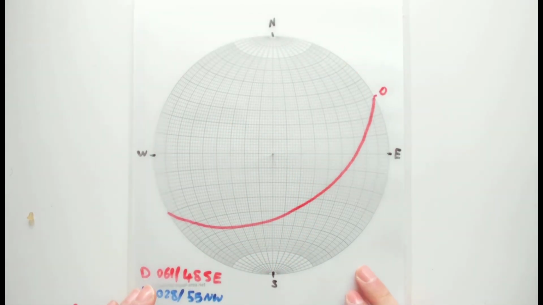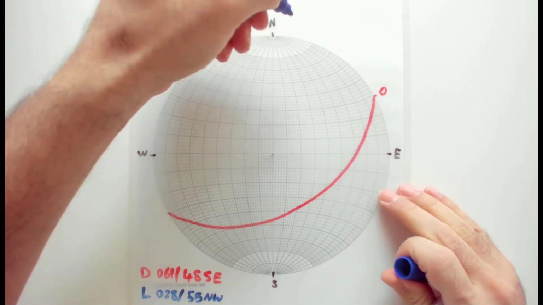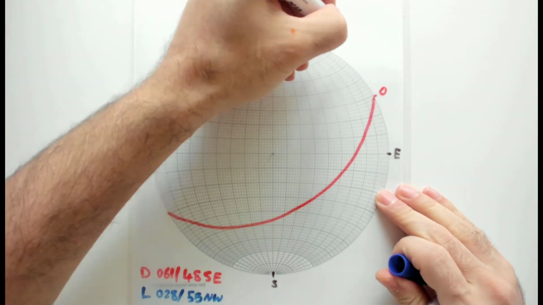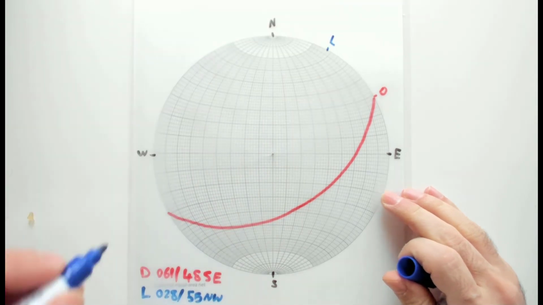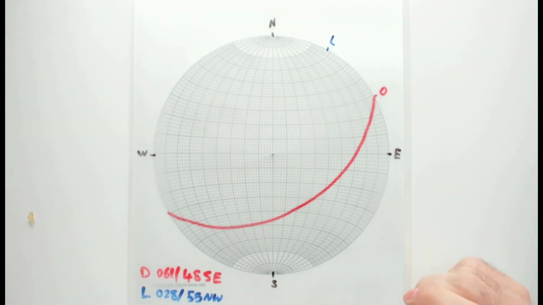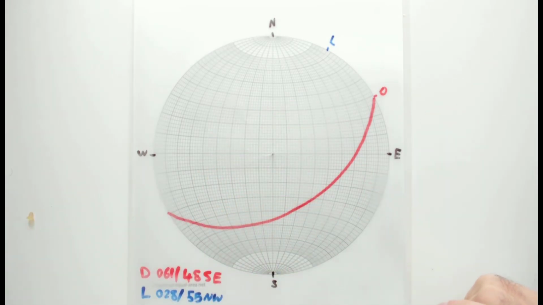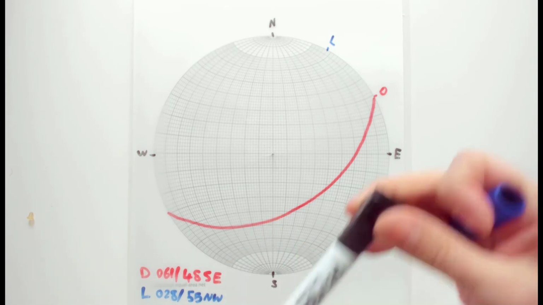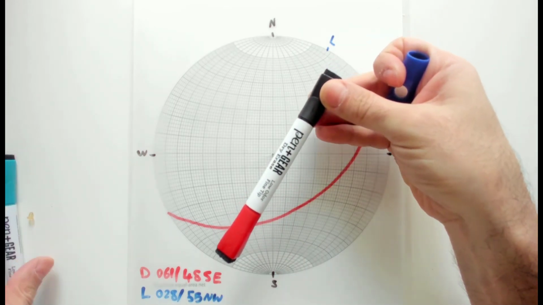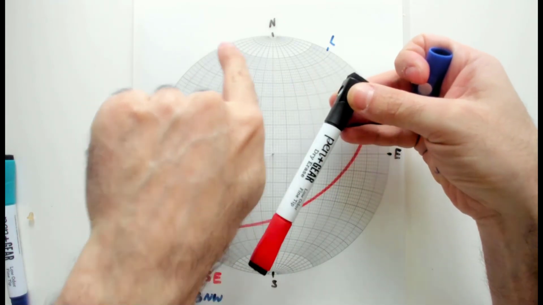Let's plot the limestone. Limestone is 28, 10, 20, 28. That's the limestone. 55 degrees towards northwest. Again, before drawing it, just find out in which direction you're going to do it, right? So the unit is striking like this, and is dipping towards northwest, 55.